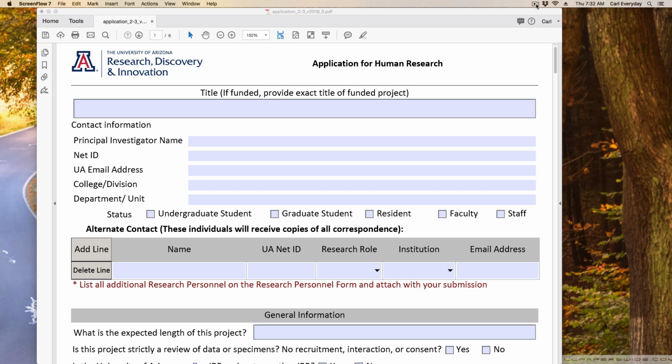What I want you to do is see what it takes to get a project like yours through human subjects. And that's important for a couple of reasons. One is because I think by going through this process, you get a better sense of how you would do your project in the real world.